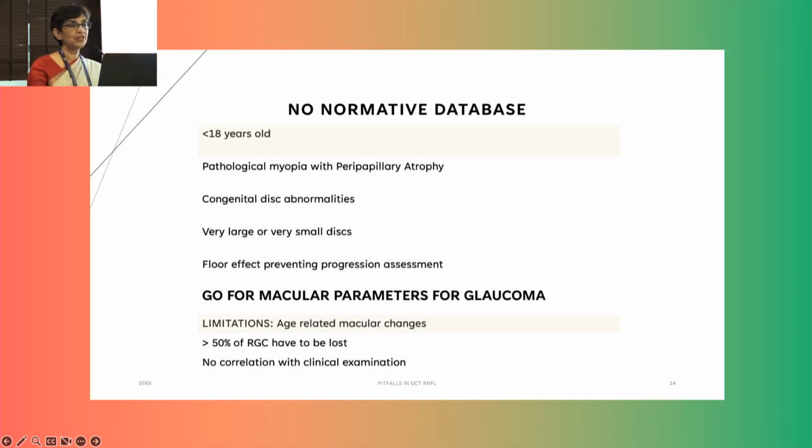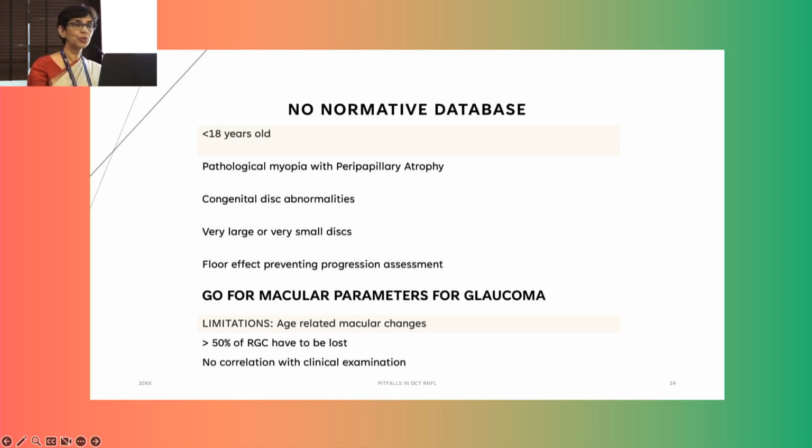There is no normative database for people less than 18 years of age, or for congenital disc abnormalities of very small or large discs, and most importantly, in pathological myopia, you will have a patient who is unable to fix the central crosshair.